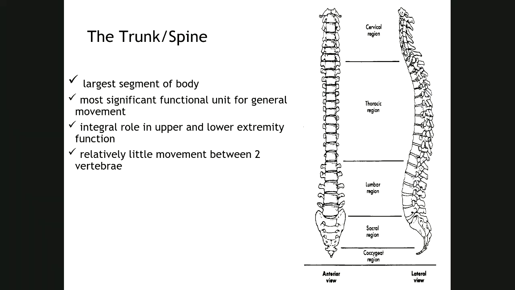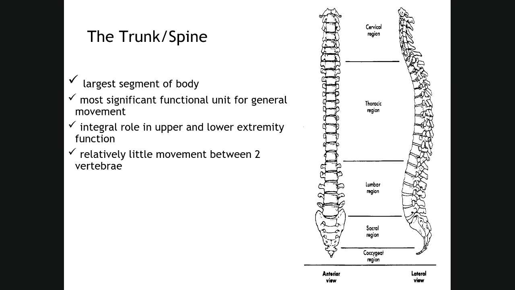The trunk and spine is obviously going to be our largest segment in the body. It has the most significant functional movement for general movement. We know that each section moves on its own to an extent, but they require each other to move in that general significant movement that we do.